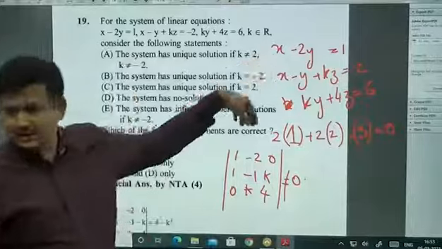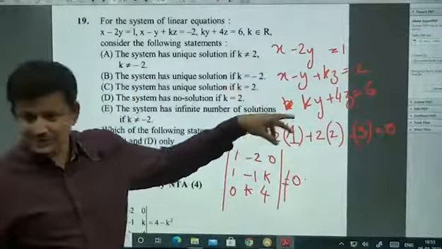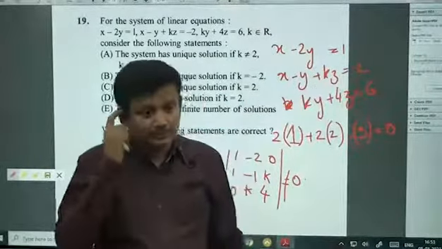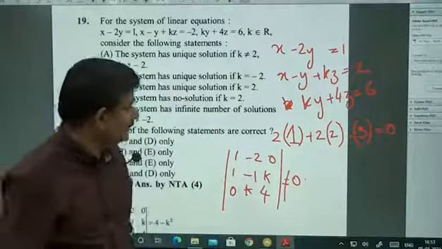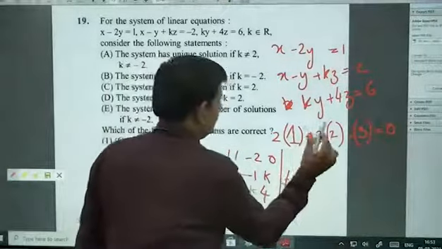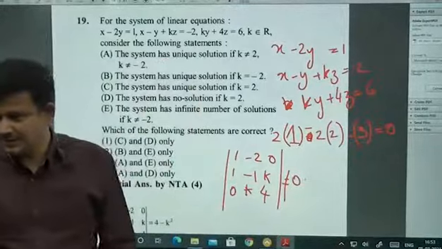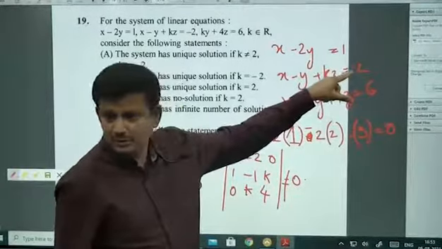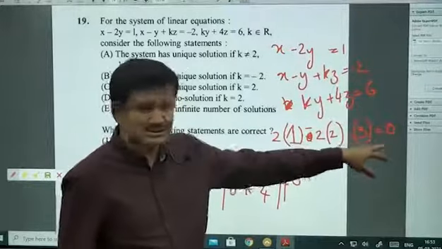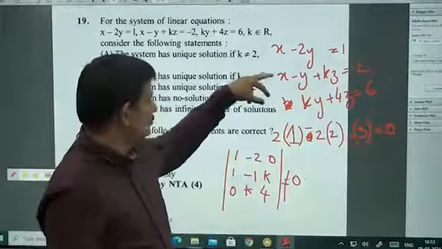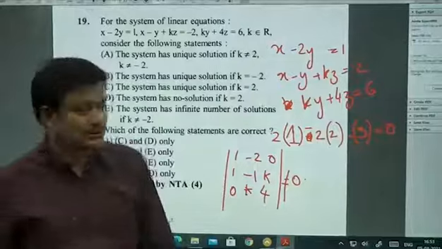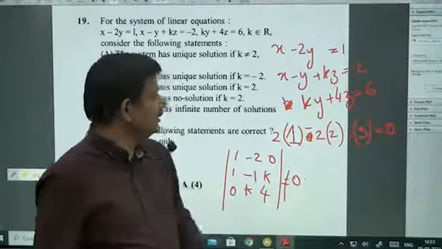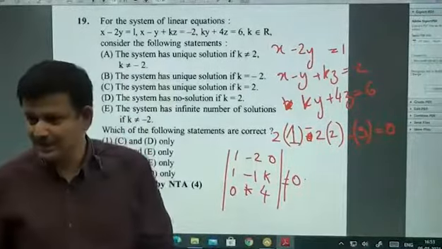From these two, what can I say? 2 times the first equation, plus or minus? Minus 2 times the second equation, 2 plus 4 minus 6 is 0. 2 minus 2 is 0. Yes or no? So these two should also obey the same linear equation.